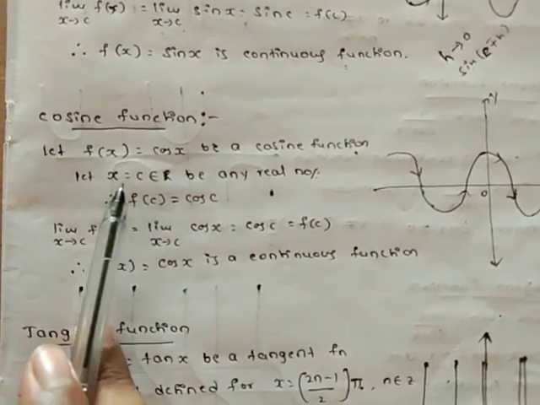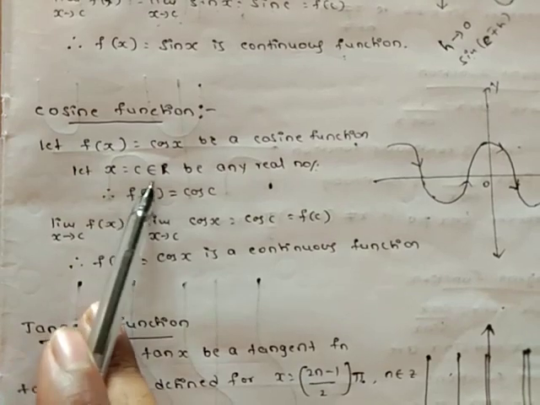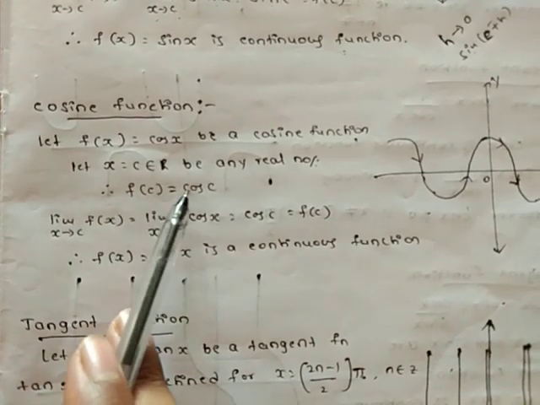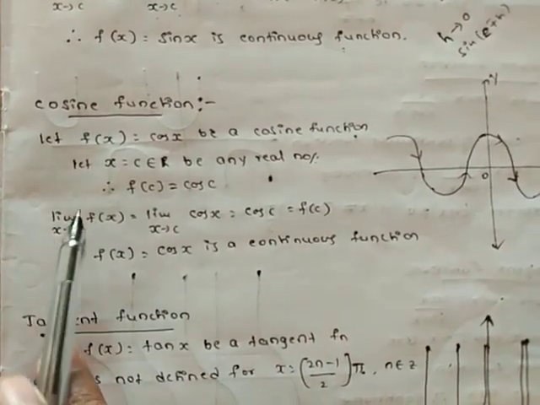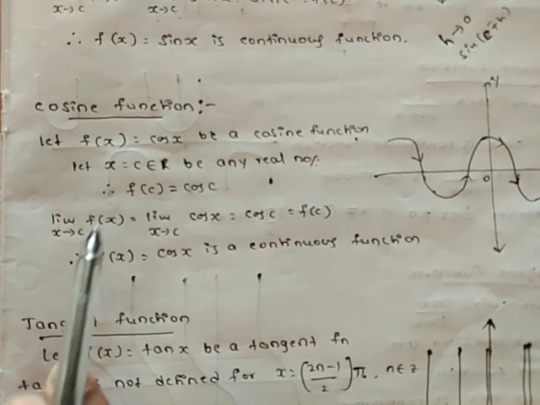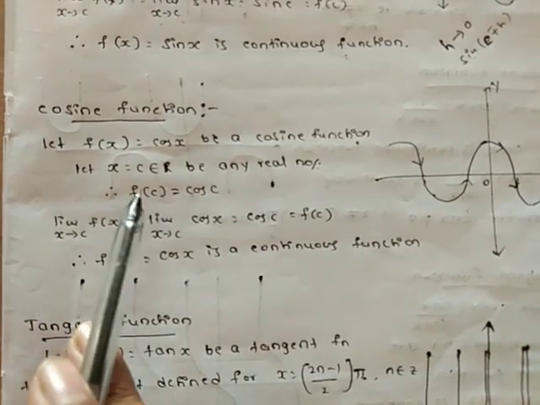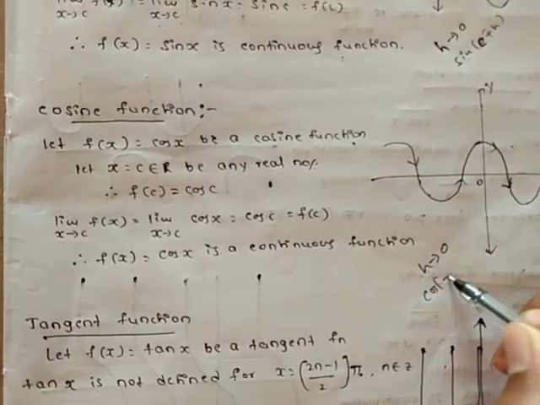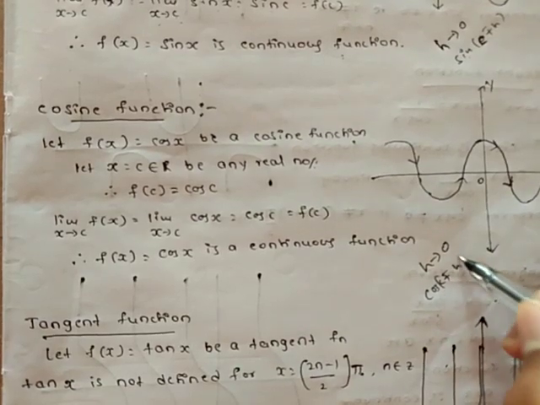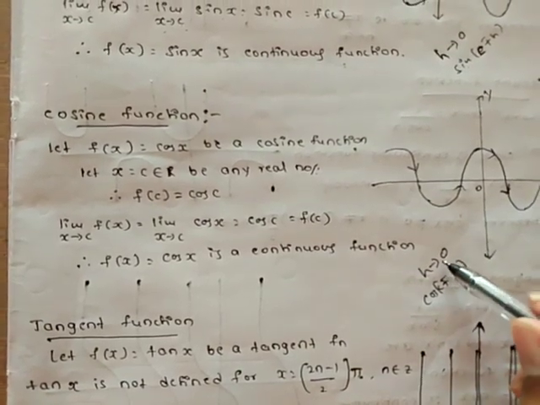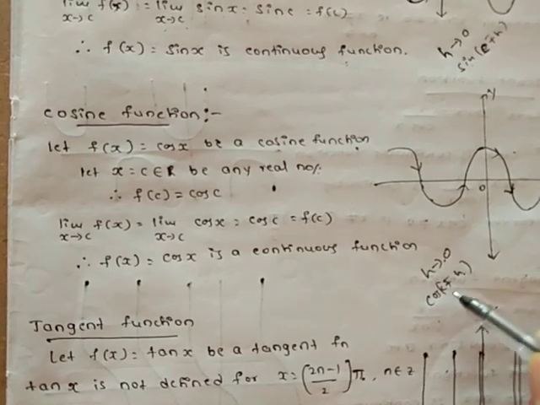Then instead of x we substitute the value of c, so f of c is equal to cos c. Suppose we apply a small limit h, h tends to 0, then cos of c plus or minus h. If you substitute the value of h is equal to 0, it is nothing but cos c.